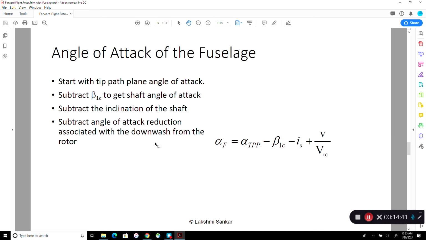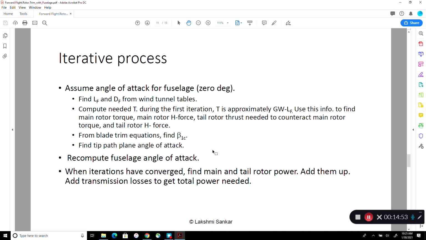Now recompute alpha f, based on the beta 1c and alpha tip path plane angle. For that particular thrust, what was the induced velocity, Glover's induced velocity? You recompute the alpha f. So you started with alpha f equal to 0, you've gotten a new alpha f. Blow this back in here, keep iterating until everything has converged.